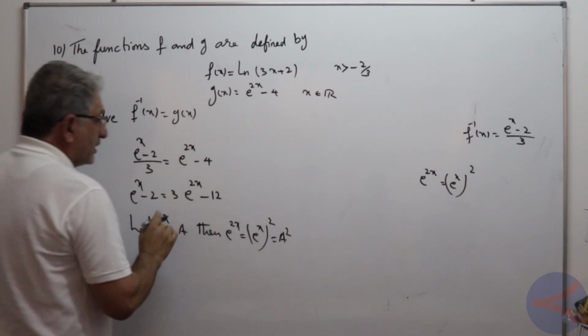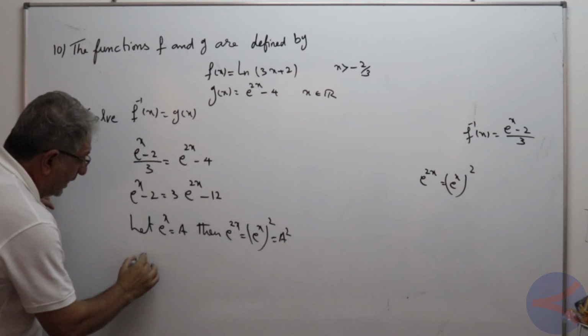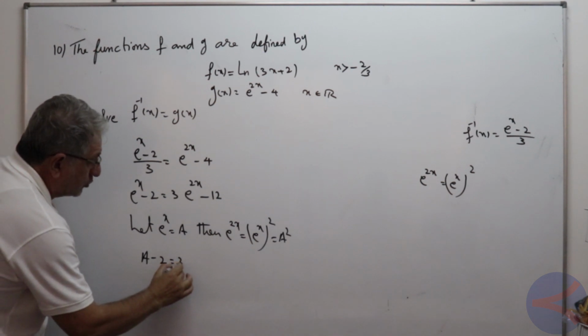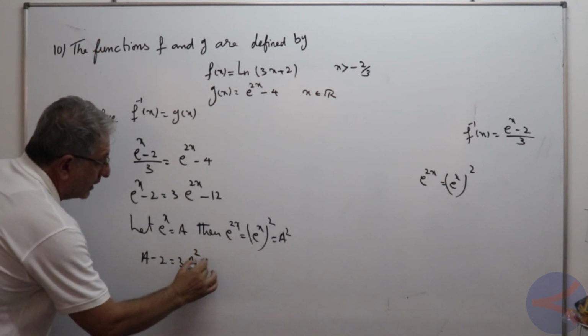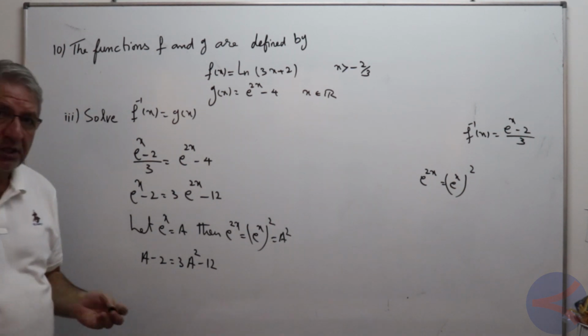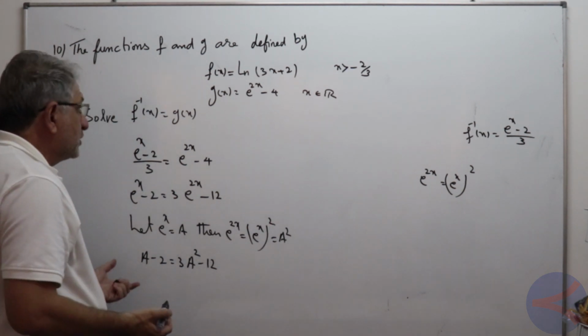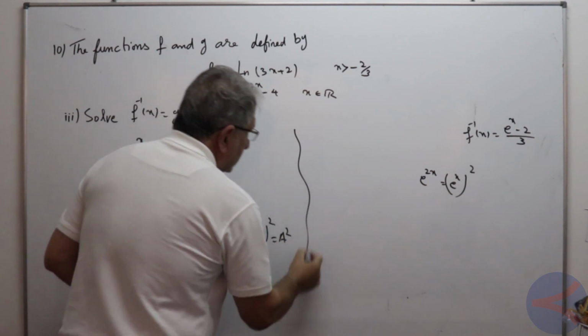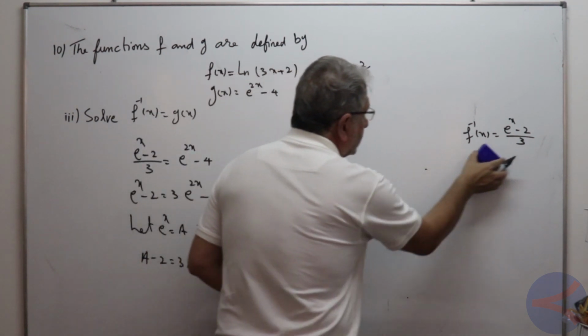So this equation changes to a minus 2 is equal to 3 times a squared minus 12. You can look at this as a quadratic equation, so we can simply solve it.